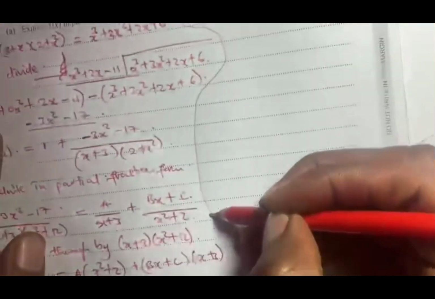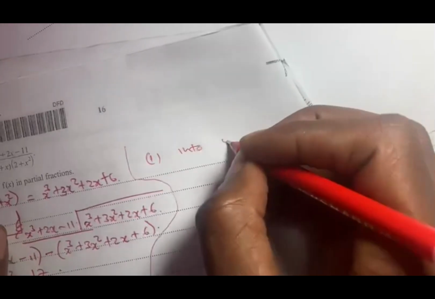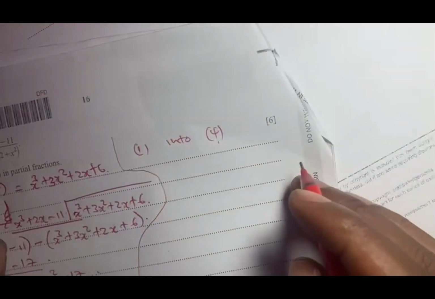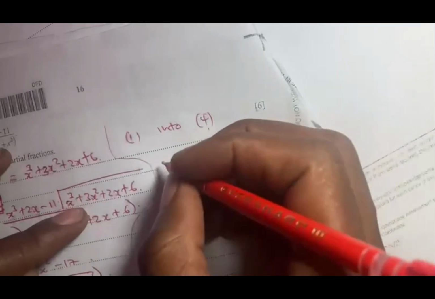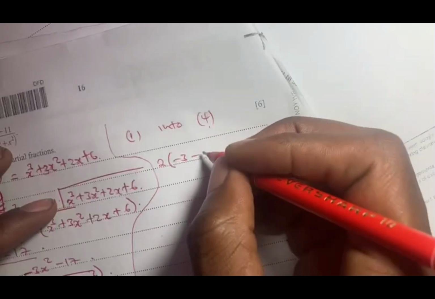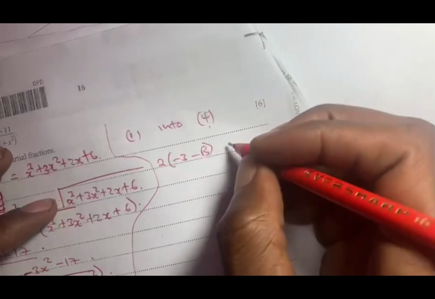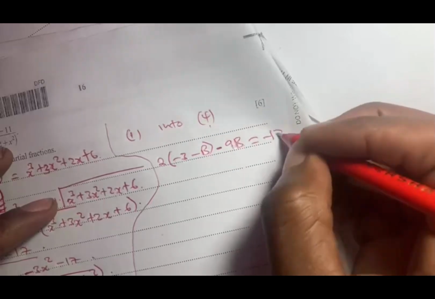Now I substitute equation 1 into 4. I get 2 open bracket minus 3 minus b, minus 9b is equal to minus 17.